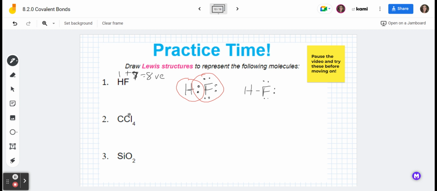All right, carbon tetrachloride. Carbon is 4, and we have 7 times 4, which is 28, so 32 valence electrons. Carbon is always central should it be involved. Draw it symmetrically around carbon. You're going to do now your shared pairs.